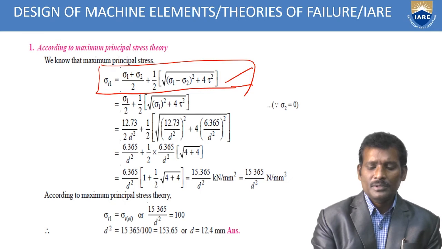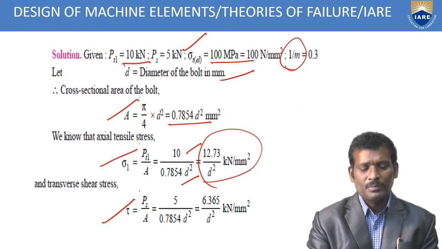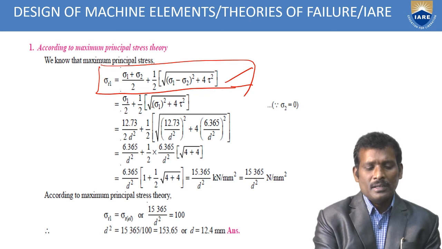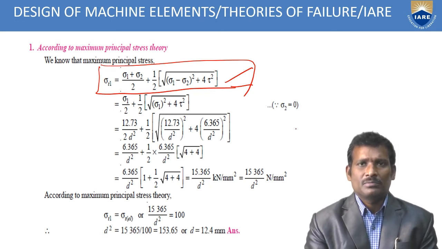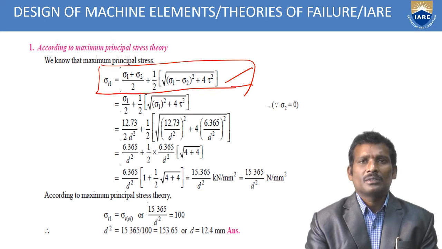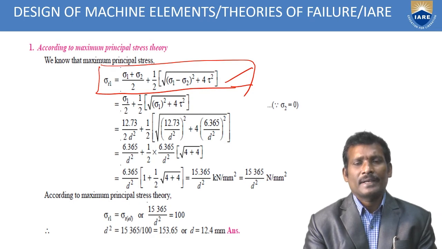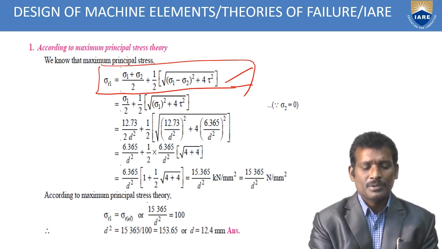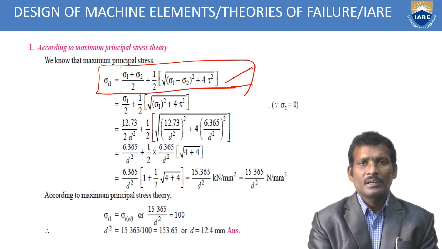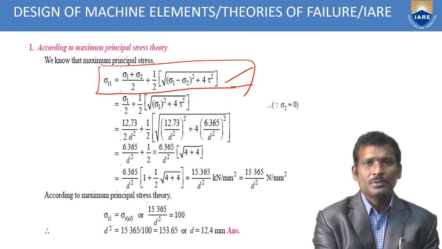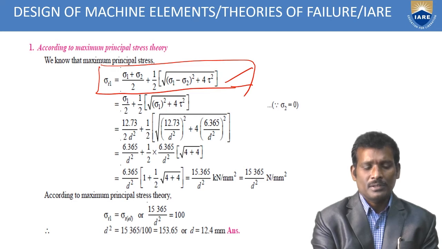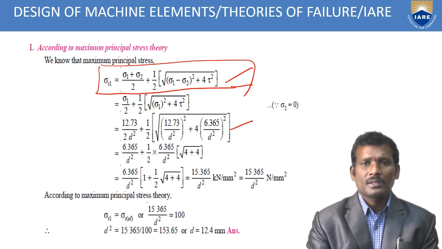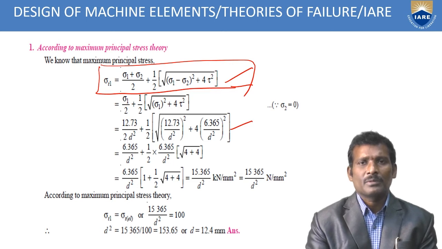Here sigma 1 is the axial tensile stress, and sigma 2 is 0, so it is a uniaxial load. Only in the pulling direction only one load is acting. So substitute 0 in place of sigma 2, with only sigma 1 acting, which is tensile in nature. Substitute the tensile stress value in this equation, and the shear stress is already calculated in terms of d.